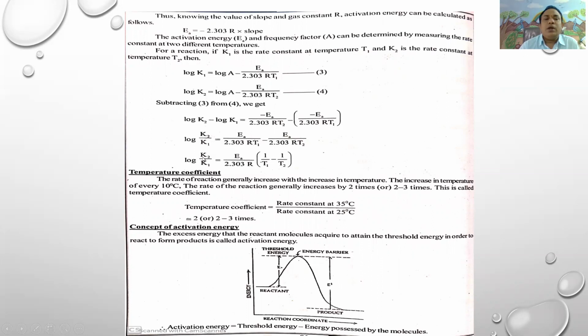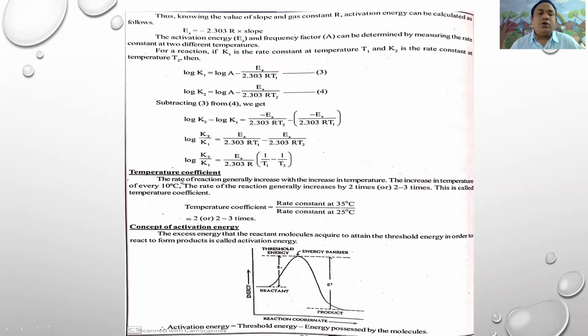That implies log K2 by K1 equal to Ea by 2.303 R common 1 by T1 minus 1 by T2, or log K2 by K1 equal to Ea by 2.303 R into (T2 minus T1) by T1 T2. That is the relation between the specific reaction rates and activation energy, or specific reaction rates and temperature.